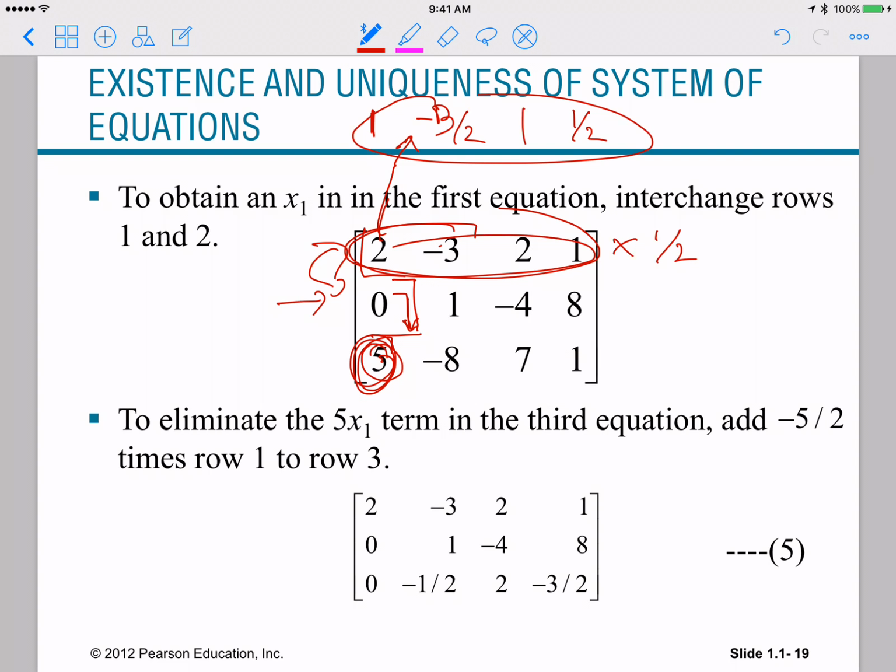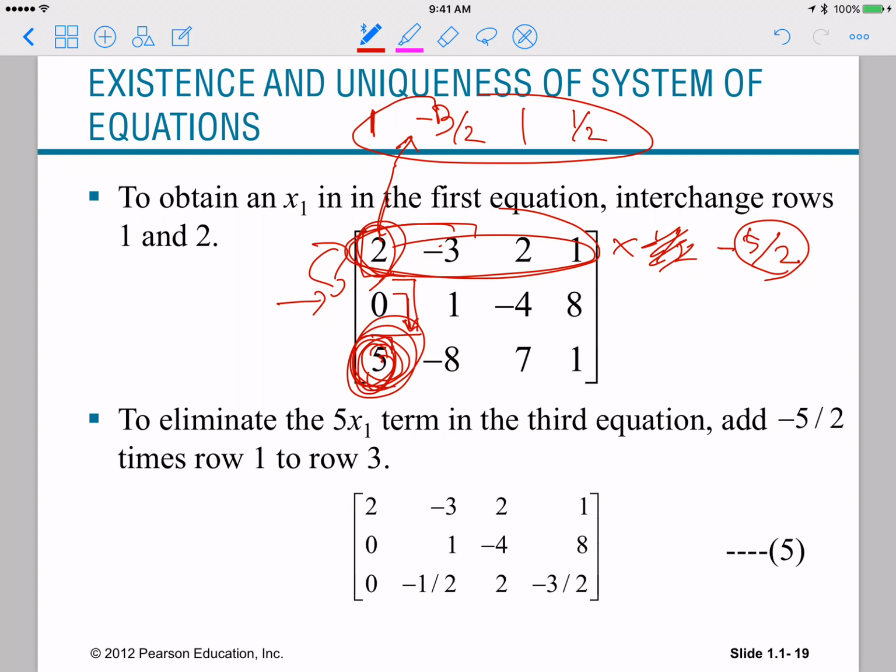So you can either do this operation, or another possible operation is to simply directly apply the row replacement. Which means we just multiply this guy by minus 5 over 2. And where does this value come from? It came from this value of 2 and 5.